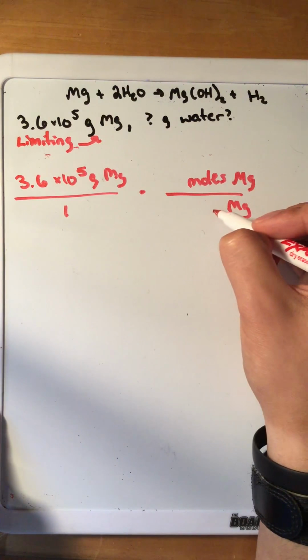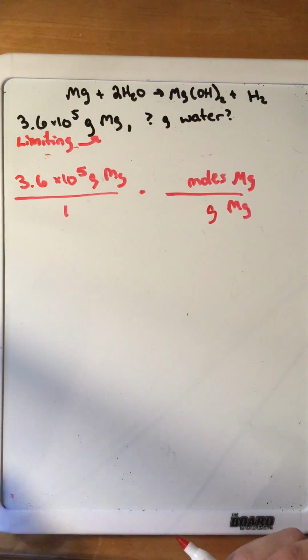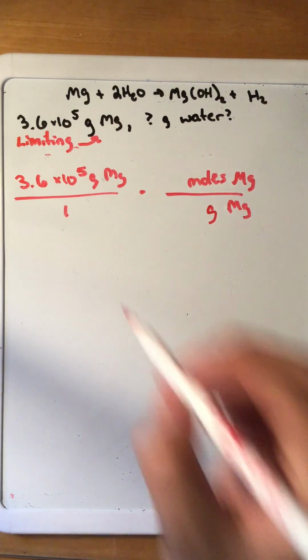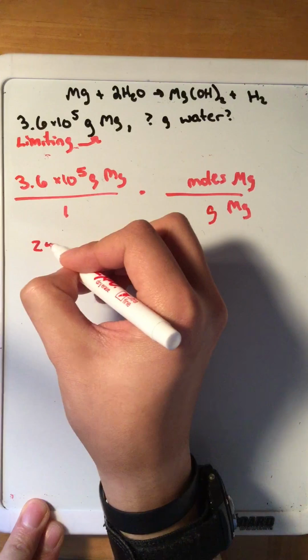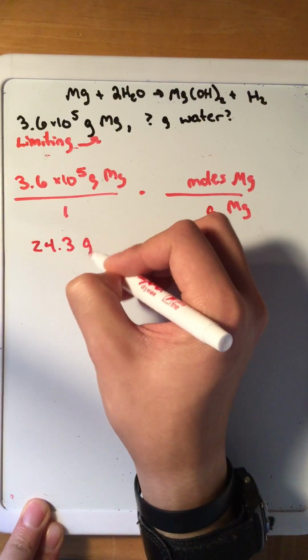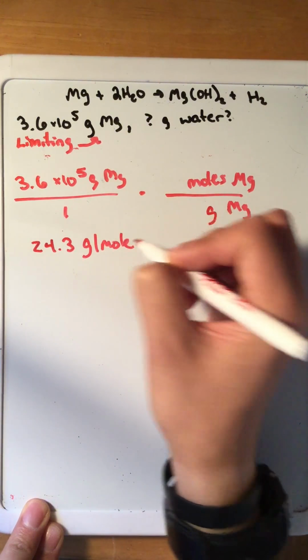We're canceling out grams, so we've got to put grams on the bottom. So our relationship here, we need moles of magnesium to grams of magnesium. So we consult our periodic table, find magnesium. It's on the second column there. It's 24.3 grams per mole.